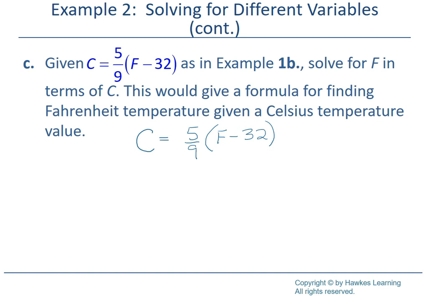Now, to start to isolate the F, we're going to get rid of this fraction by multiplying it by its reciprocal, 9/5, and this by the reciprocal, 9/5. So here, this is all going to cancel out, and to save a little bit of room, I'll just erase all this. And I can also erase the parentheses now, because I don't need them anymore.